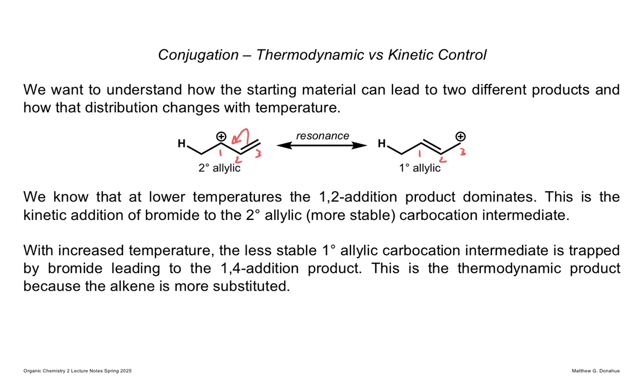At increased temperature, the less stable primary allylic carbocation intermediate is trapped by the bromide, leading to the 1,4 addition product. That's the thermodynamic product because the alkene is more substituted.